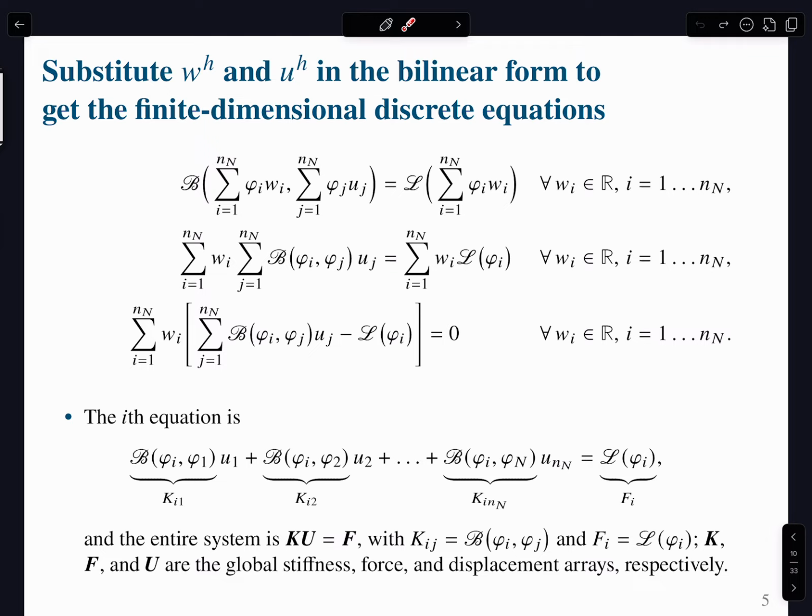When you set up the trial functions, you use the index i, and then here you use index j for the displacement. Can you explain why that is? Yeah, because the idea is to have, in the end, some dyadic product. So I need two indices, right? If you notice here, I also use the property of symmetry, because normally I write the bilinear form with my trial solution in this slot, but I put the test function there instead.